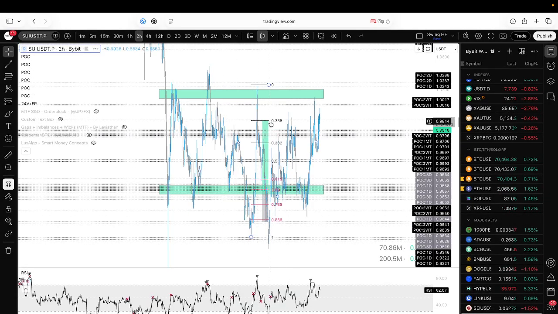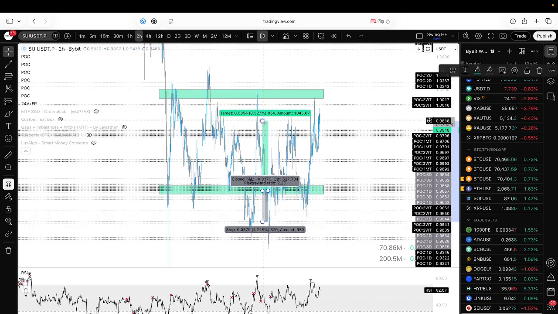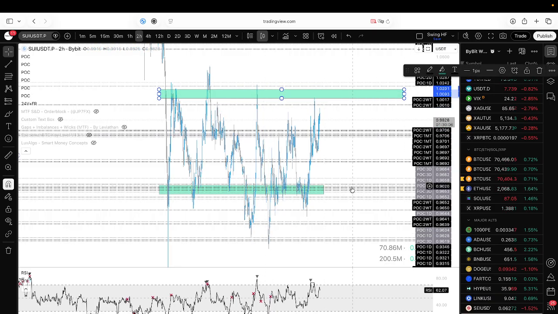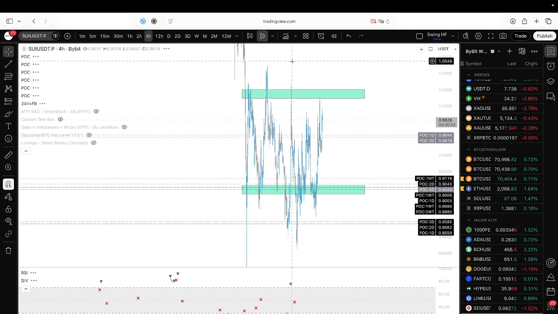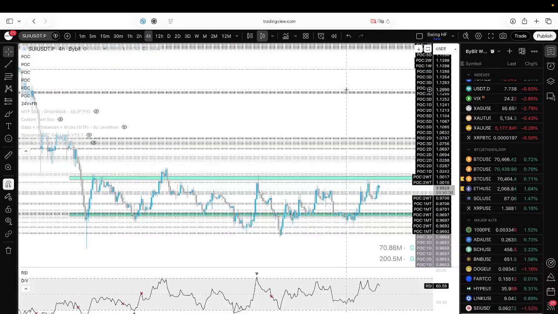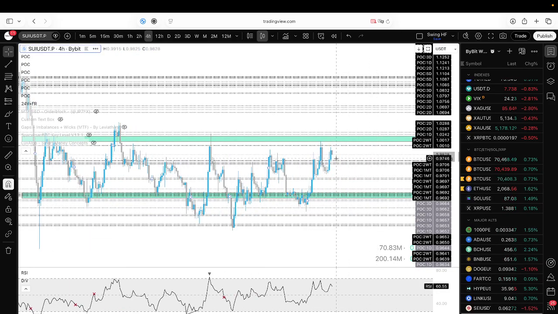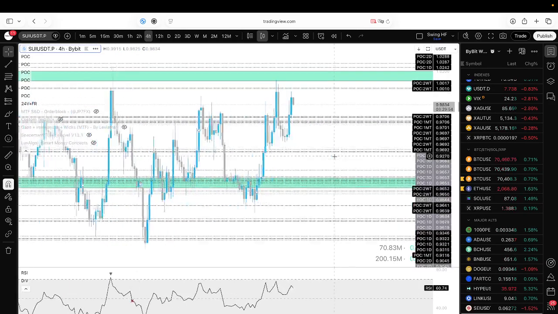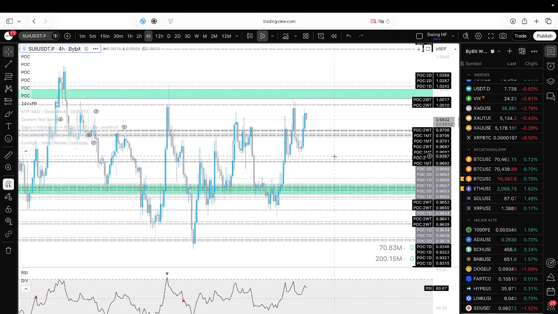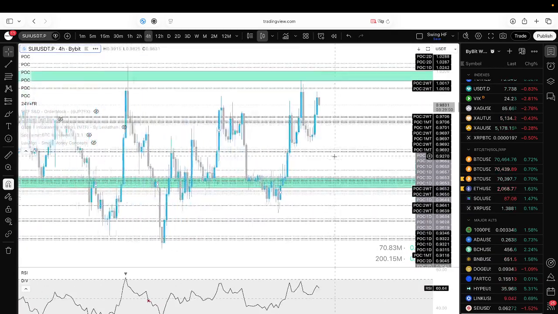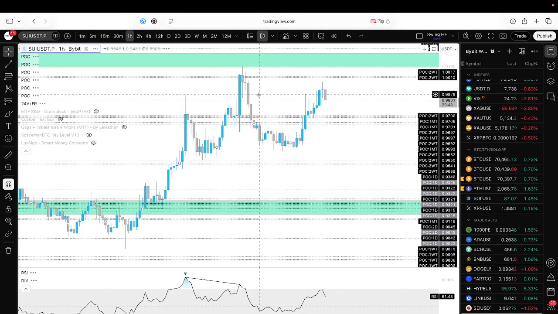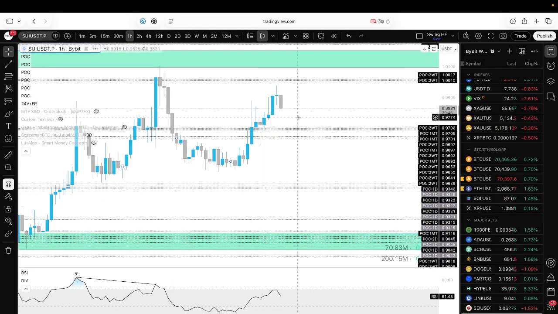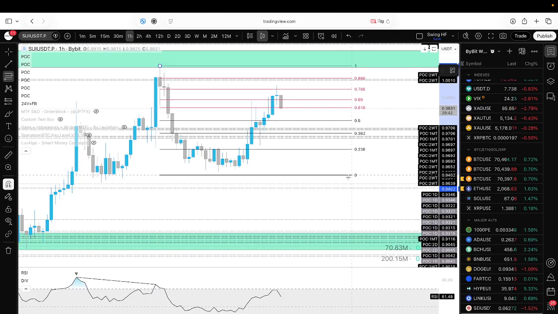Okay, so this is the range. So now I wouldn't short it, to be honest. You can try a short here around $1 if you want, with this little range.